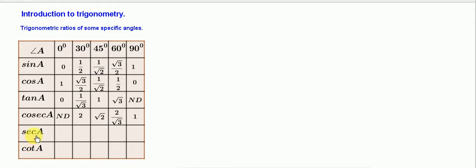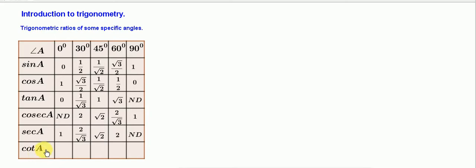Next, secant 0 degree to secant 90 degree can be written by taking all these values in reverse order. Secant 0 degree 1, secant 30 degree 2 by root 3, secant 45 degree root 2, secant 60 degree 2, secant 90 degree is not defined.